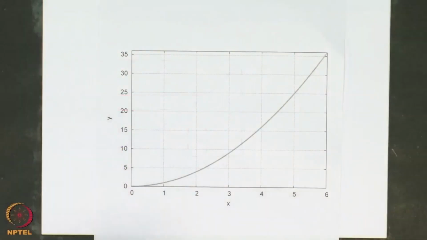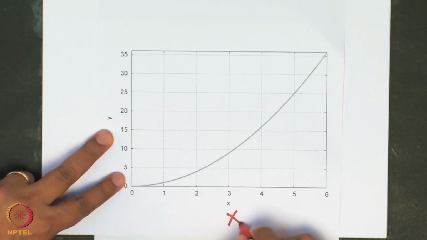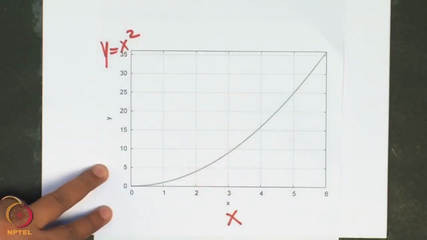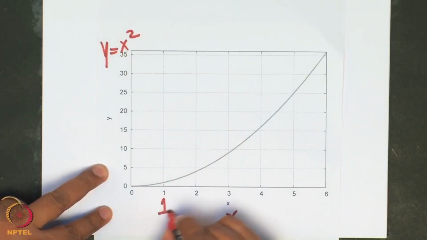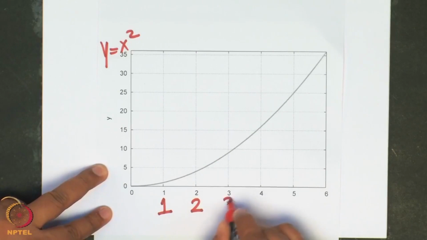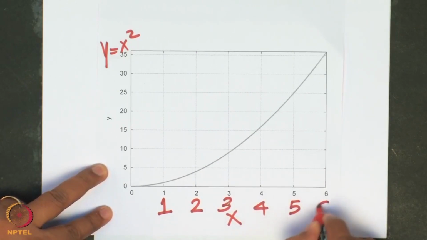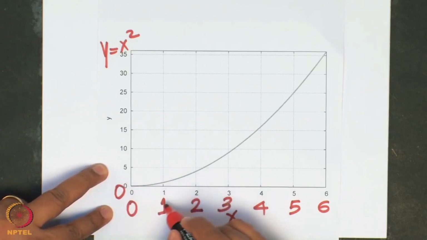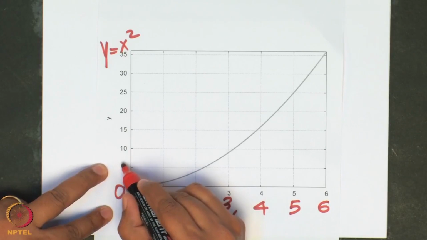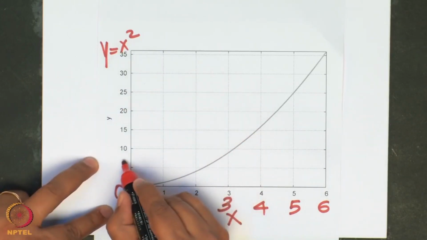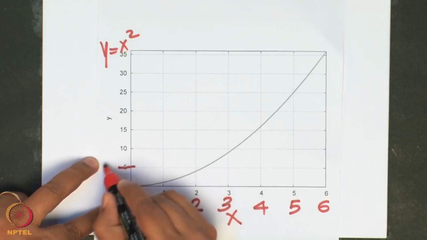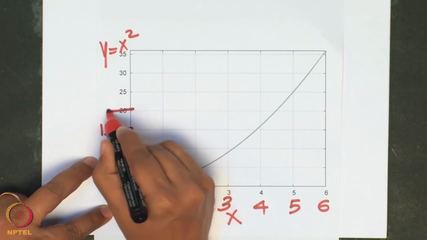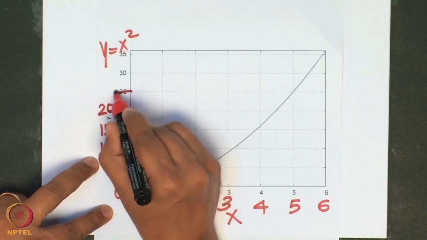See this here: on this axis we have x, and here we have y equal to x square, on the y axis. We have various values of x: 1, 2, 3, 4, 5, 6, and this is 0. Correspondingly, we have 0, and what is marked here is 5, 10, 15, 20, and so on.